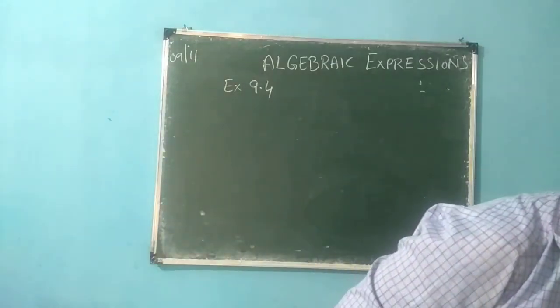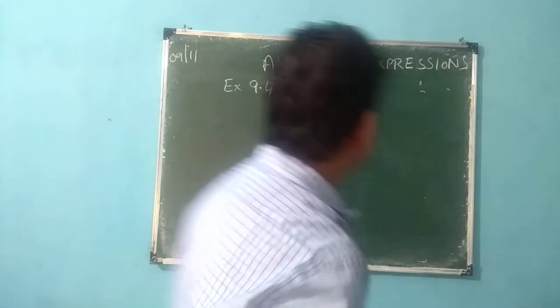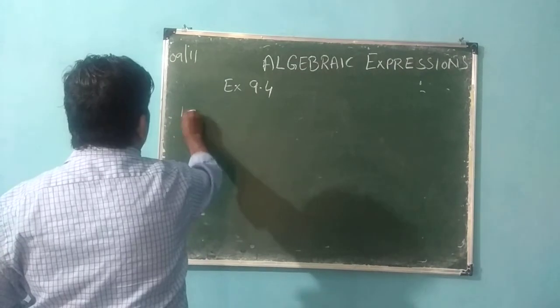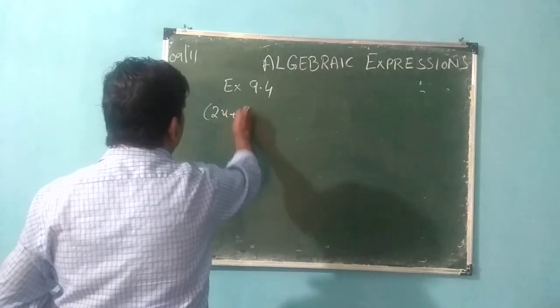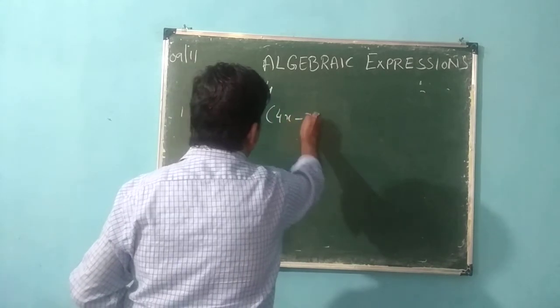Question number 1: 2x plus 5 and 4x minus 3.